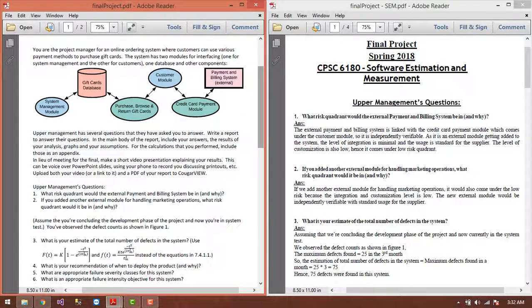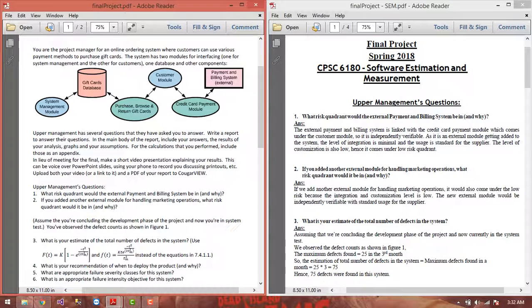and I was given that I am the project manager for an online ordering system where the customers can use various payment methods to purchase their gift cards. So as you can see, the gift cards database has the system management module and purchase, browse and return gift cards, and the customer module also has the purchase, browse and return gift cards and credit card payment module.